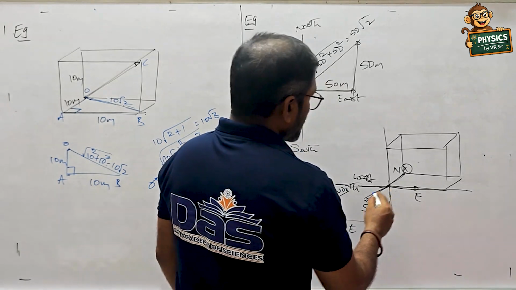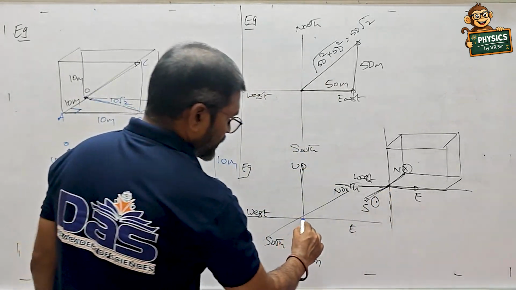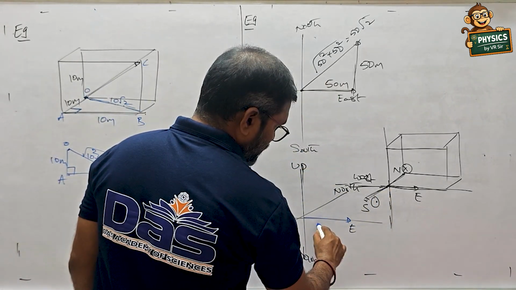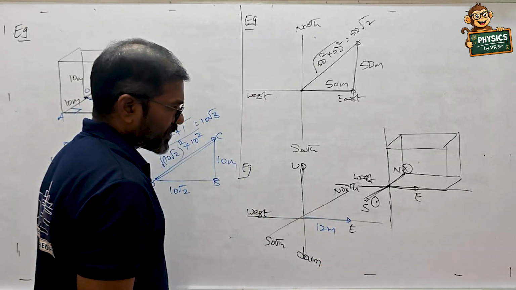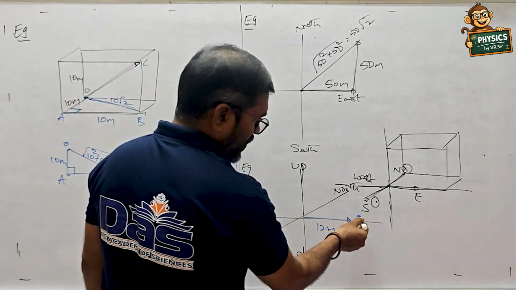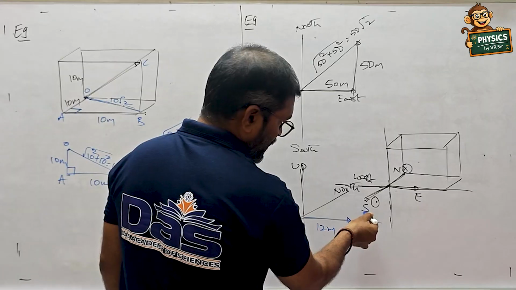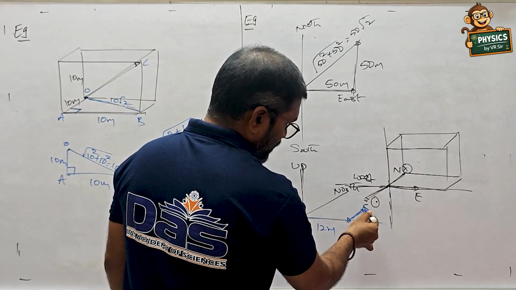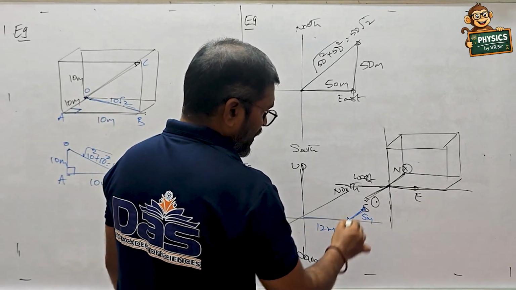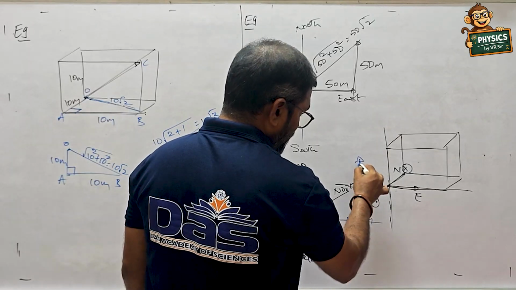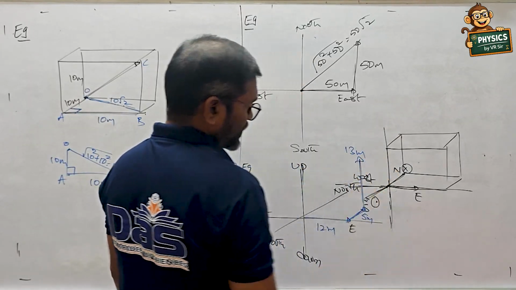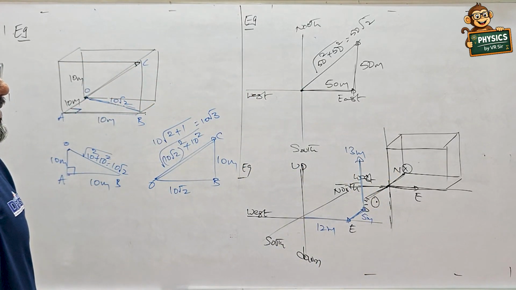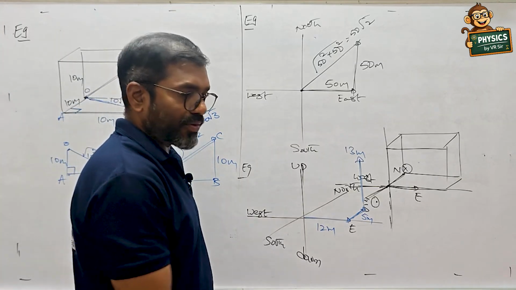So if the object moves east by 12 meters, and then north by 5 meters, and then up by 30 meters, how do you represent it in this diagram?